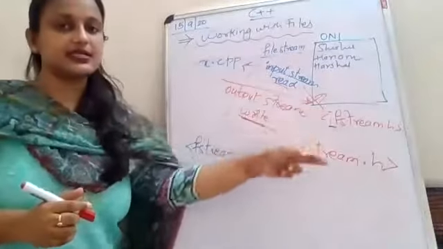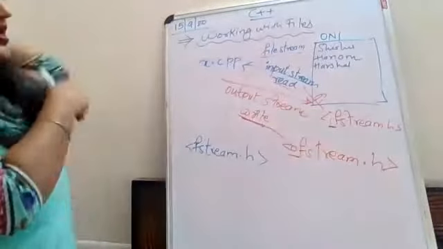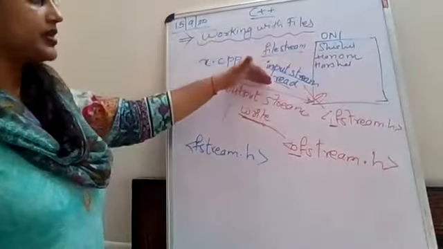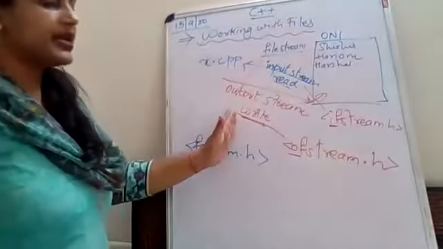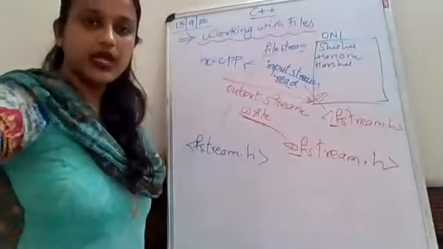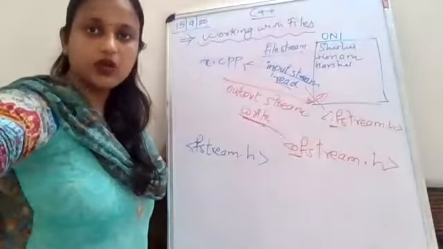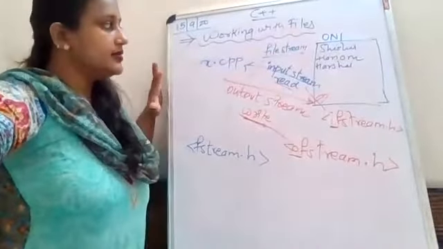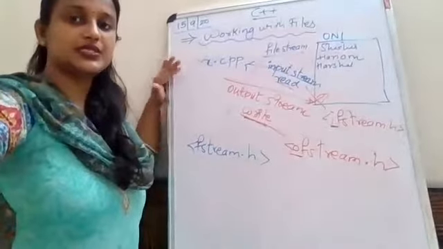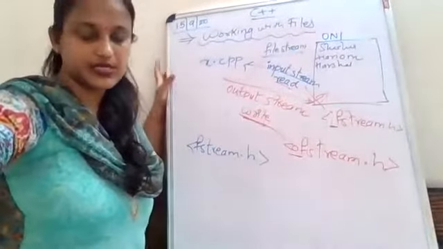I just interchange the words, the header files basically. So for input, the read operation is used, for output, the write operation is used, and ifstream and ofstream are my two header files. Now this is my working with files. Now how this actually works, that we are going to study.